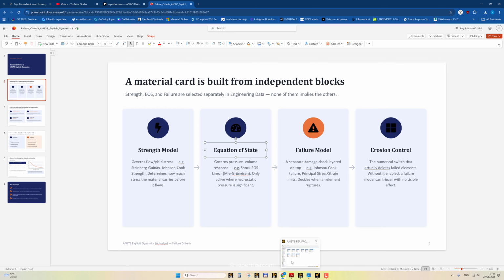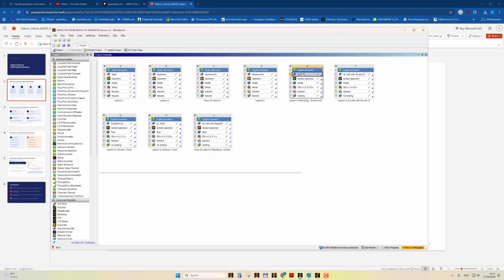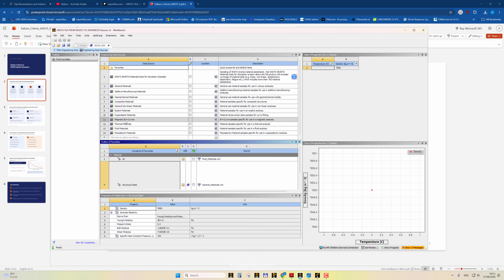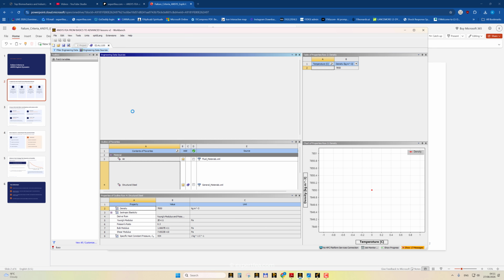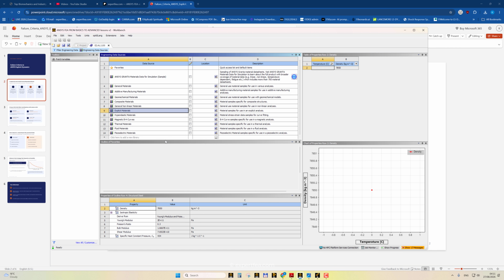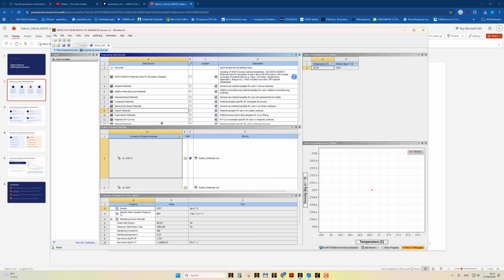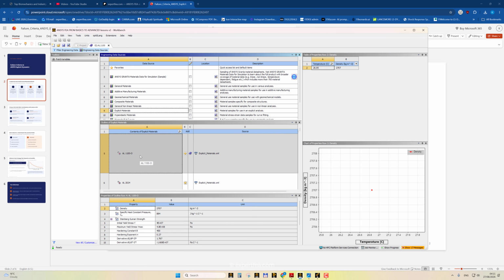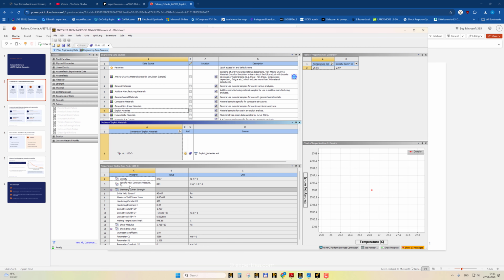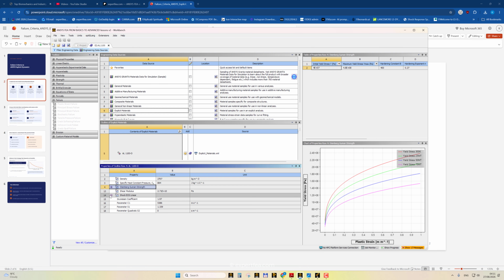For example, if we go in the explicit dynamics tab for engineering data, explicit materials, we wait while the materials are loaded. And for example, if we take the first aluminum material, we can see that it is defined or described with the Steinberg-Guinan strength.